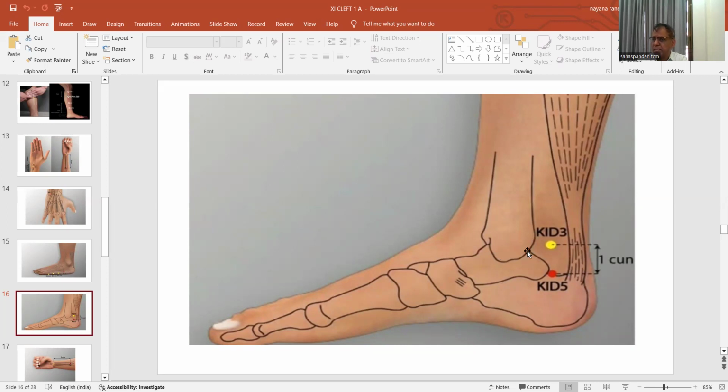In between is kidney 3, and then come downward one chun. It is kidney 6. One chun means one thumb breadth.